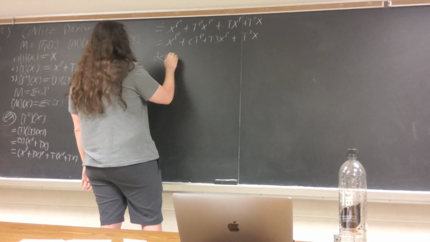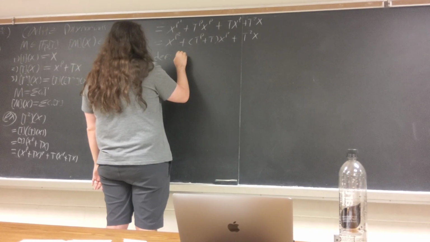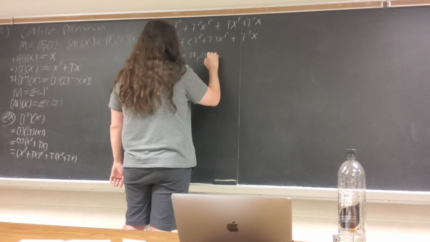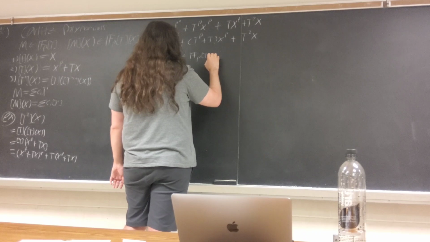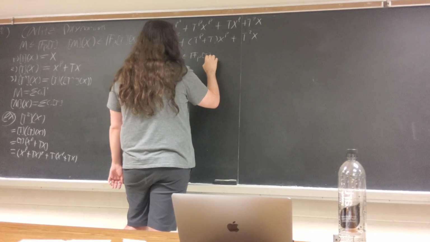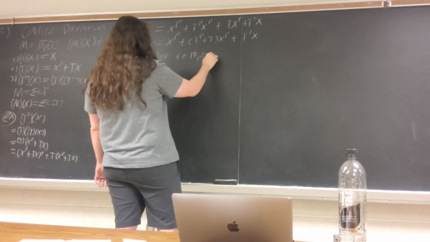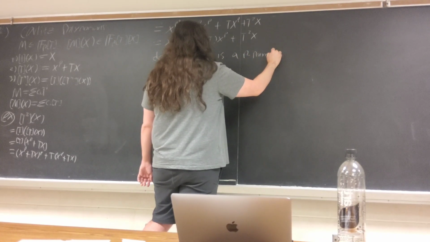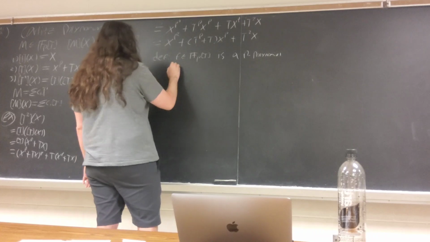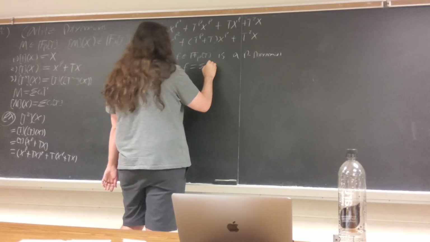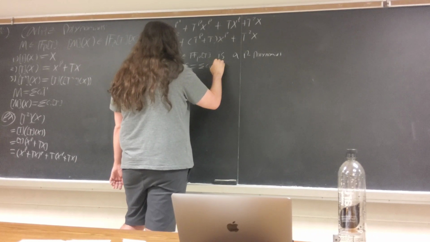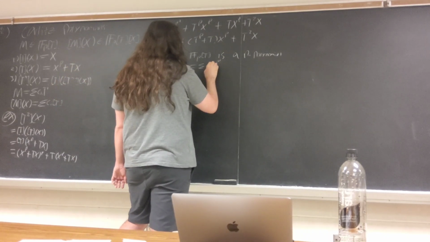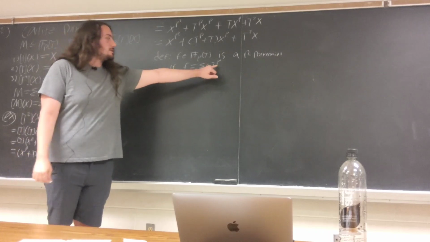So first, we should define: if f is some polynomial in there, f in here is a p polynomial, we just want it to be of the form sum of c_i x to the, I wrote t, I should use the same variable. We want it to only have powers of p in the indices.